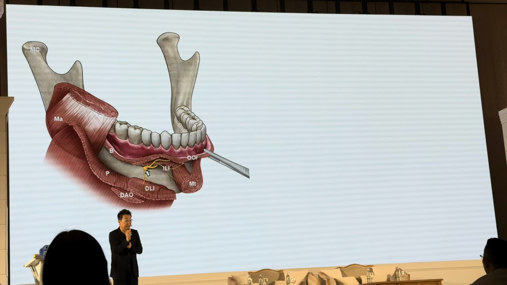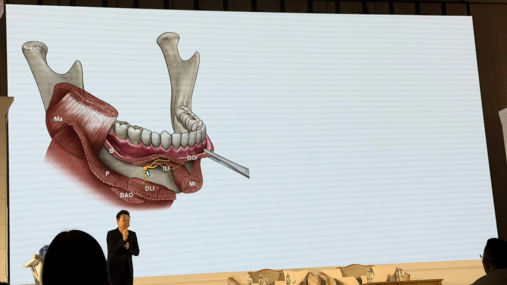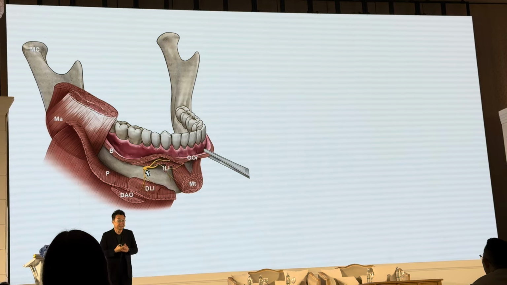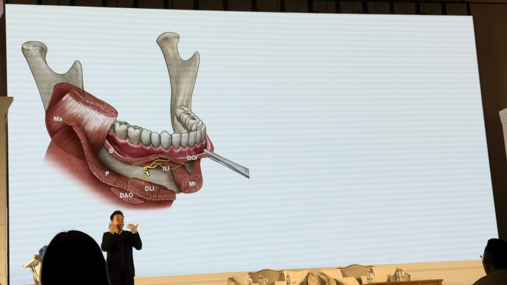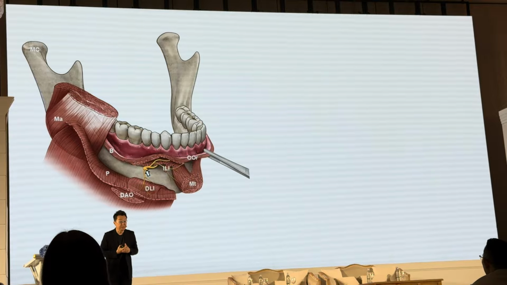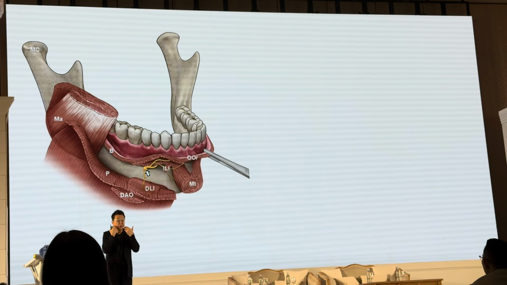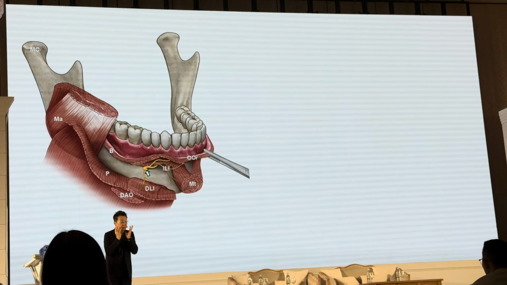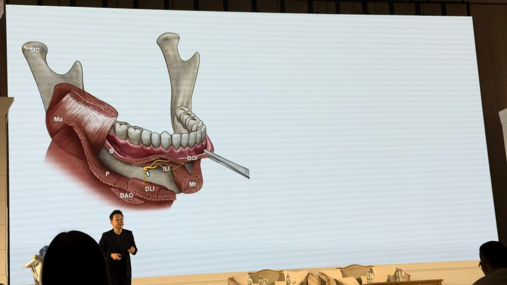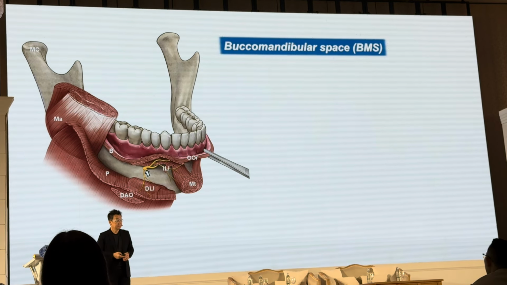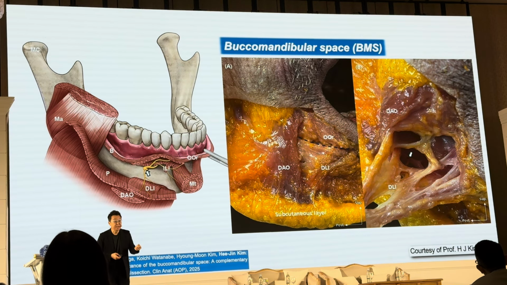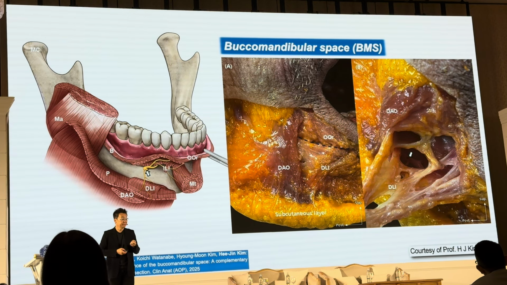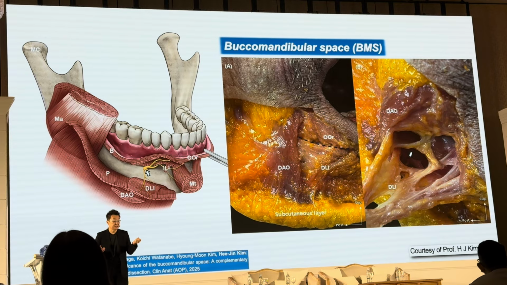Only one thing, the mental nerve should be considered. But when you inject deeply, we can get very nice wide volumization for the correction of the lower facial contour, for example for the masculine face. This is the buccomandibular space, a newly dominated space in this field.